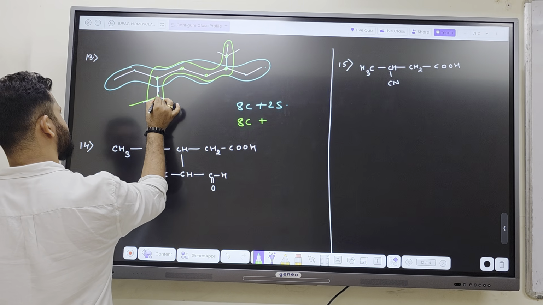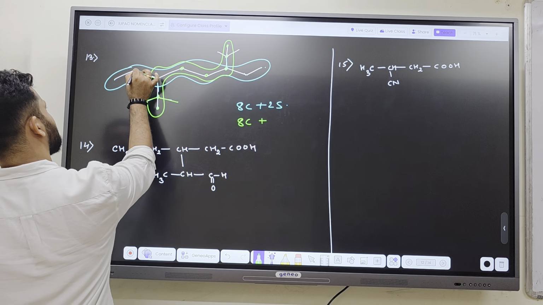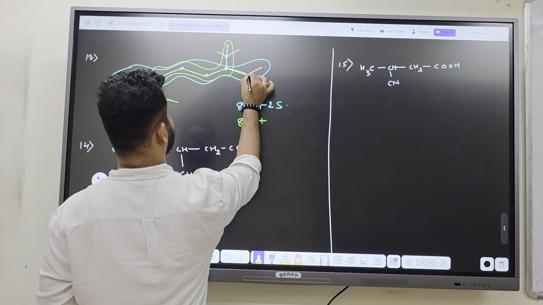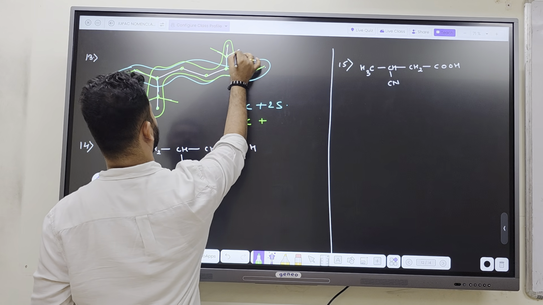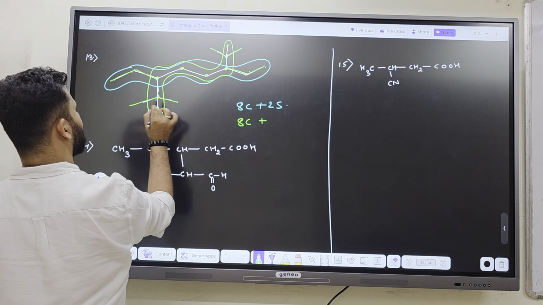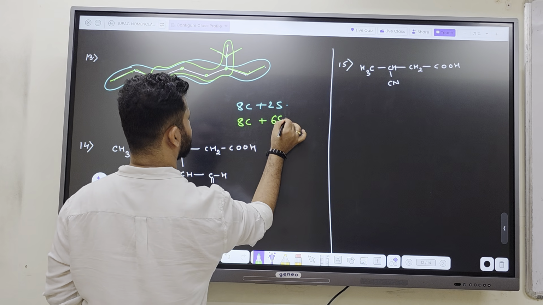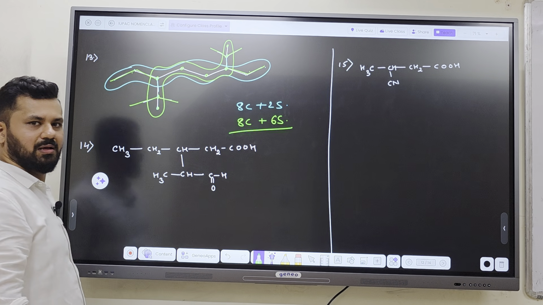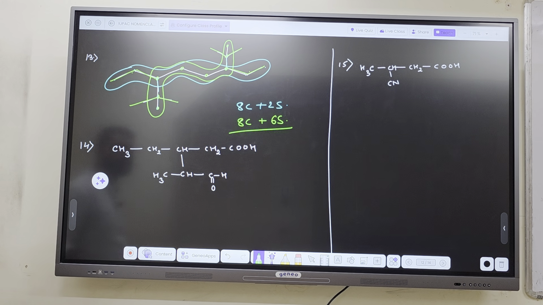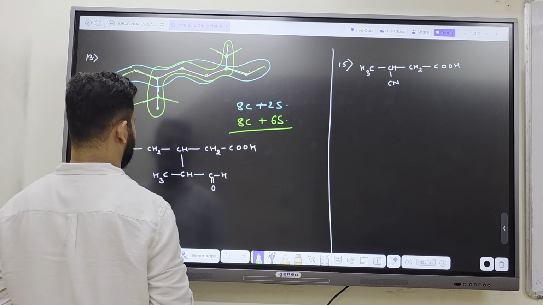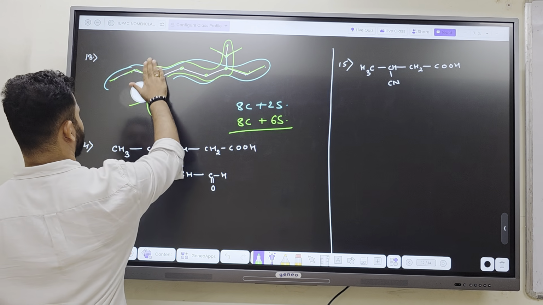Sir, here there is one, here there is one, here there is one, here there is one, over here. So 1, 2, 3, 4, 5 and 6 substituents are there. Therefore, I will select this parent carbon chain.